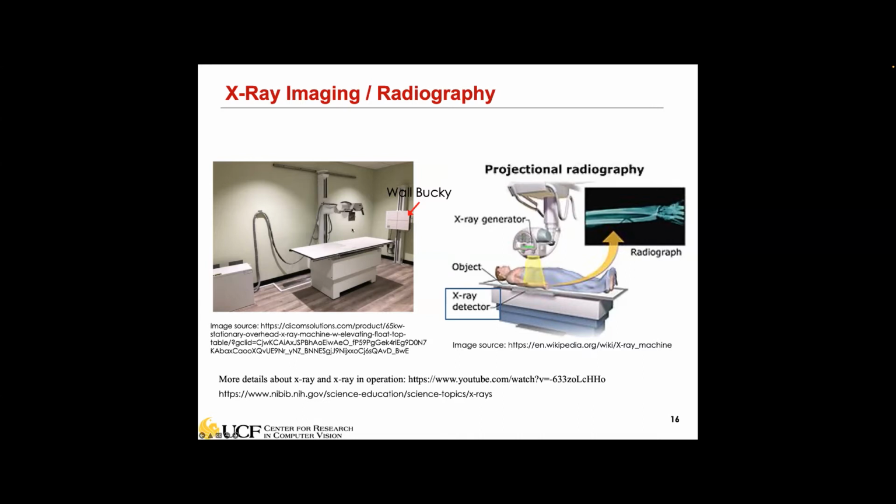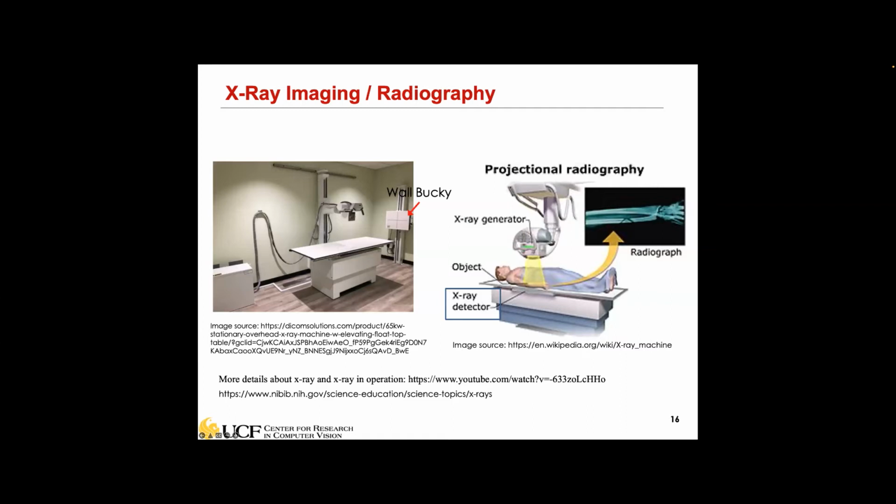So on the left, this figure shows the X-ray machine. A patient can either stand in front of this machine or lie on this table to take a chest or whole body X-ray. Okay, so if you take a chest X-ray, at least when I was taking the chest X-ray, I was just standing in front of this machine, putting my chest against the X-ray generator, right?